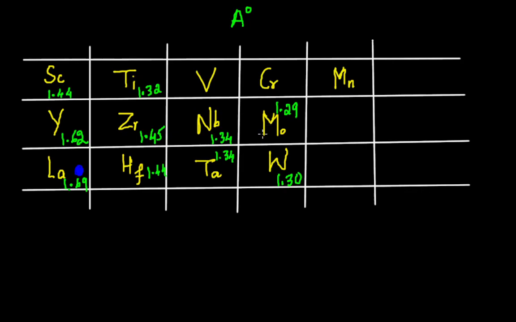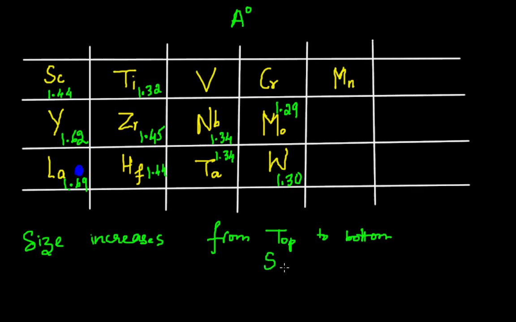Now, if you take a close look at this, as you go from top to bottom, normally size should increase, right? Size increases from top to bottom; this is what common sense tells.